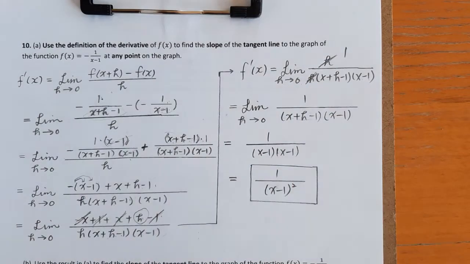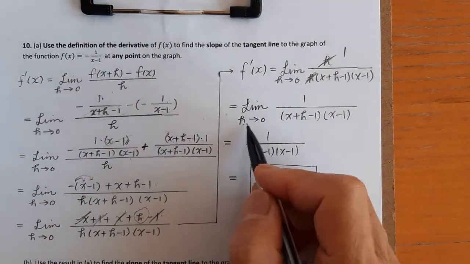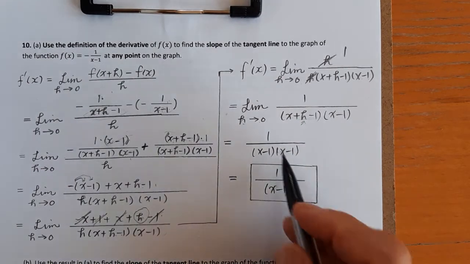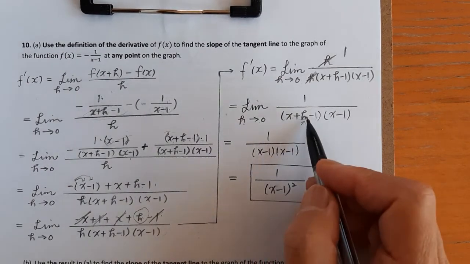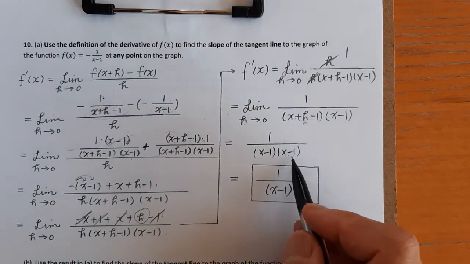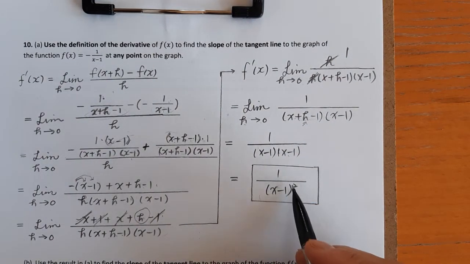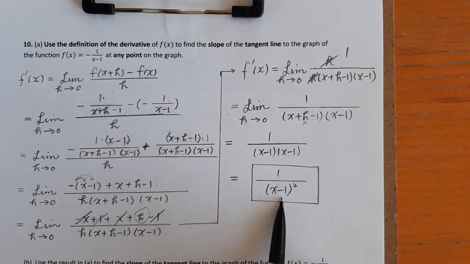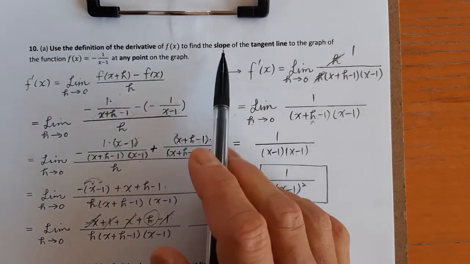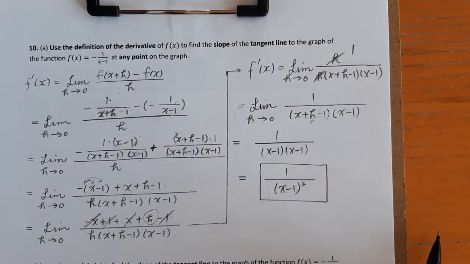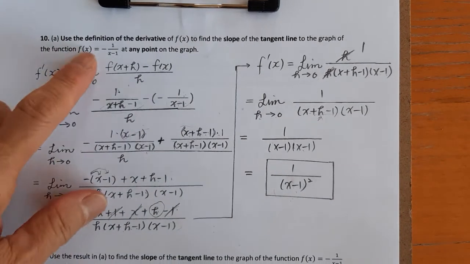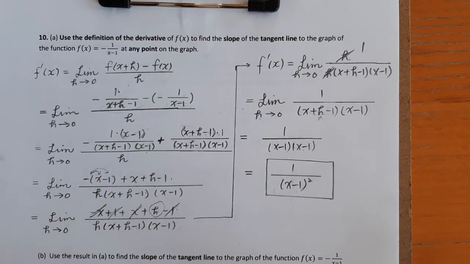Then h approaches 0, so plug in 0 and get 1 over x minus 1 times x minus 1, so it is x minus 1 quantity squared. So this is the tangent line slope at any point on the graph of this function.